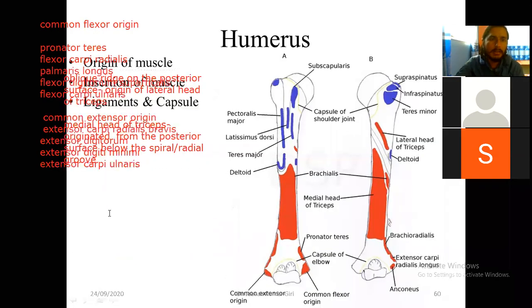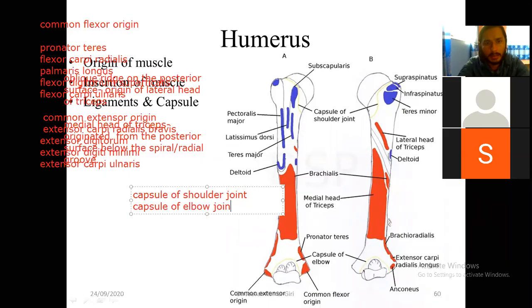Now, ligaments and the capsule. You will see the capsule of the shoulder joint in the upper end, and the capsule of the elbow joint in the lower end. You can just give the name. Here I will draw the outline for you.